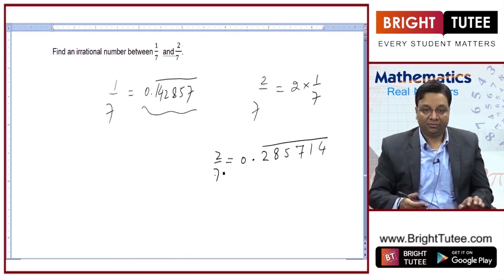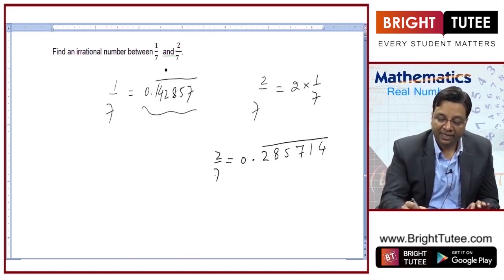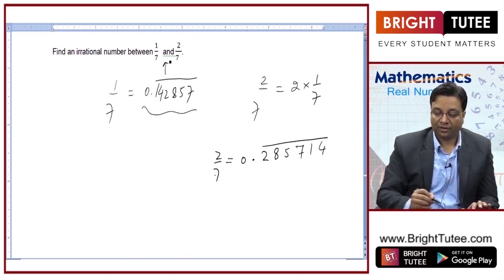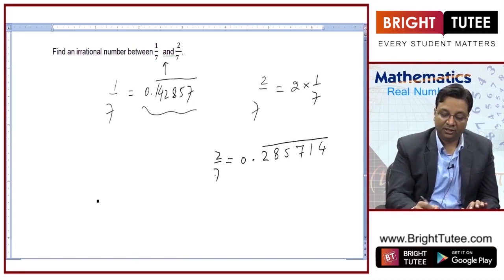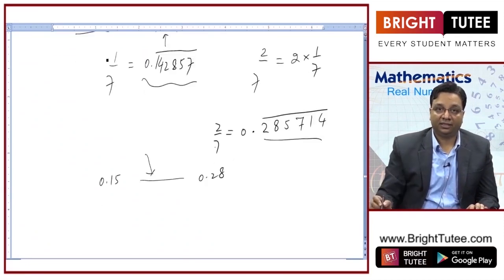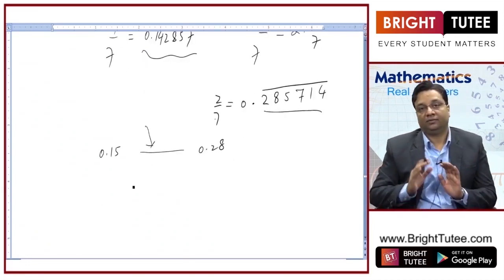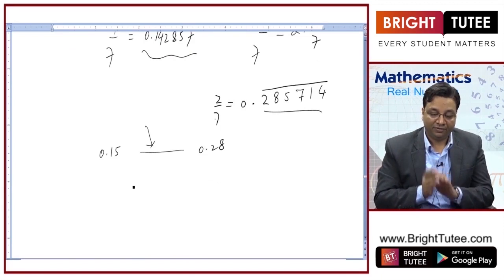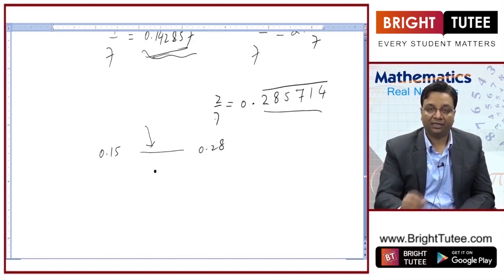Why I have written these numbers? Just to show you that any number between these two will be between 0.15 and 0.28, let us say. Okay, if you write a number between these, you can achieve the irrational number thing, right? What I mean to say is I have roughly taken the idea where that number will lie.